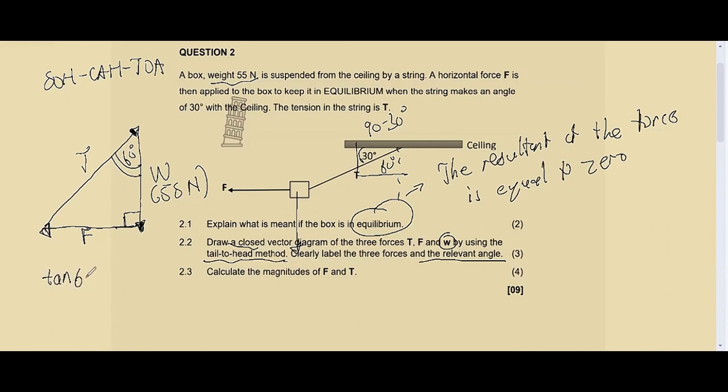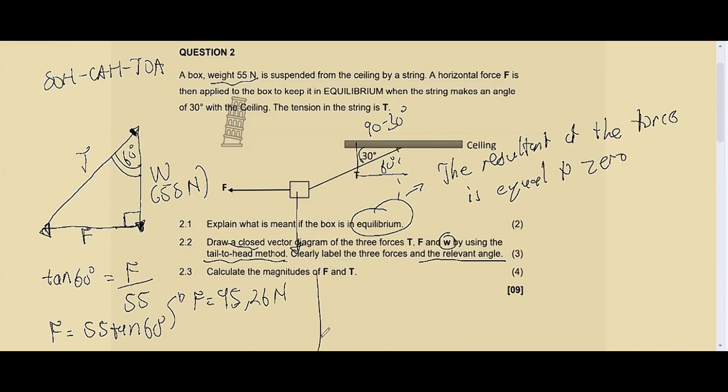This is tan 60 degrees, which is opposite over adjacent. What is our opposite side? That's F. And what is our adjacent side? It's our weight, which is 55 Newton. So to calculate the force, we need to say F equals 55 times tan 60 degrees. Punch this into your calculator and you get a value of 95.26 newtons.